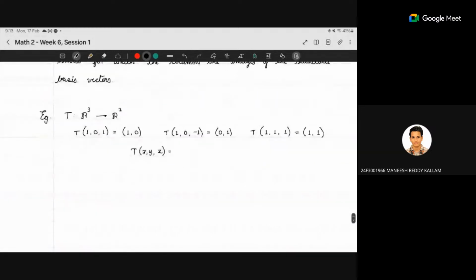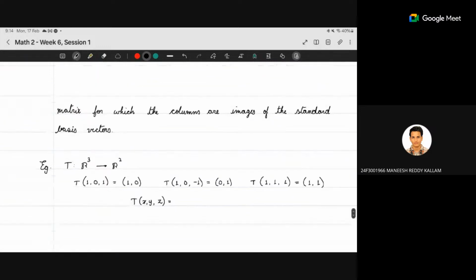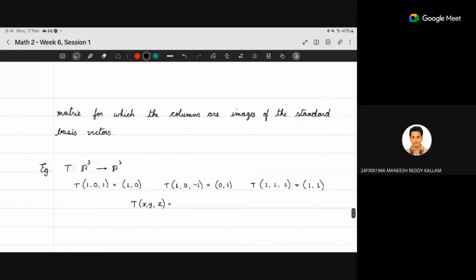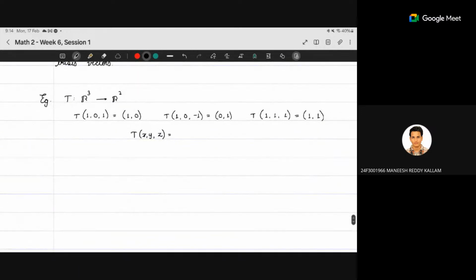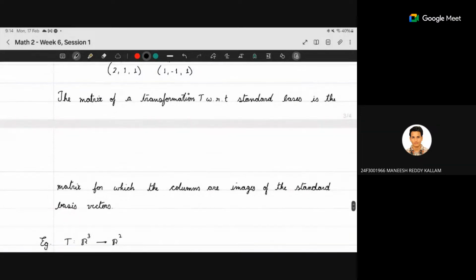Okay, now coming back to the example, has anyone figured out what the expression for T of (x, y, z) is? Maybe I'll give 2 more minutes, like until 9:15. Sir, could you show the definition of the previous question? I'm not talking about the matrix of the transformation in this example.